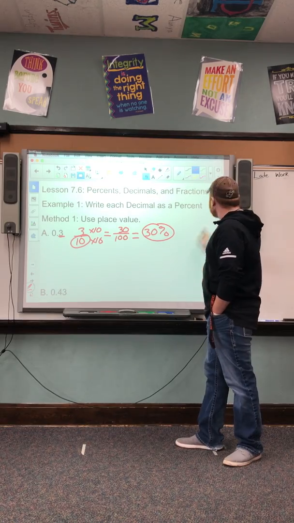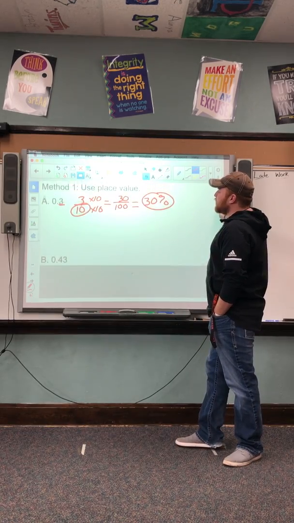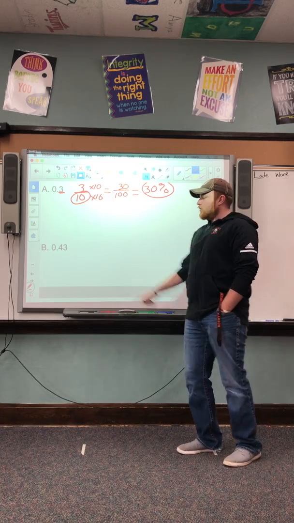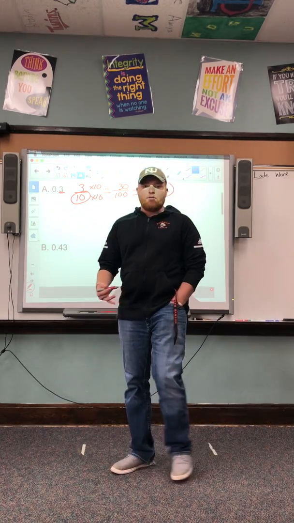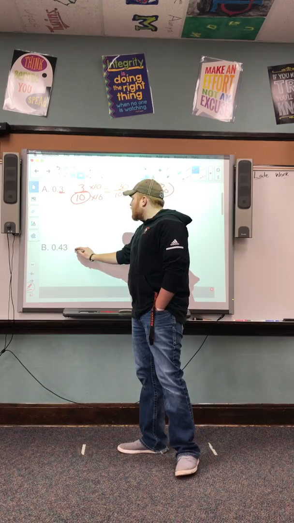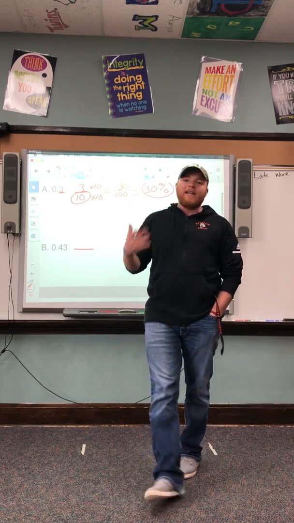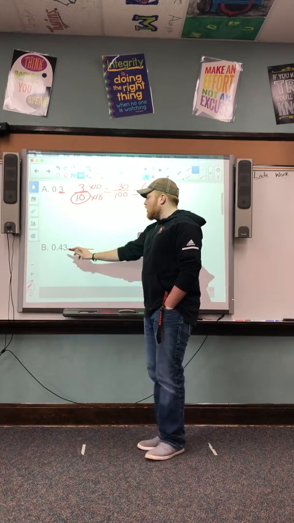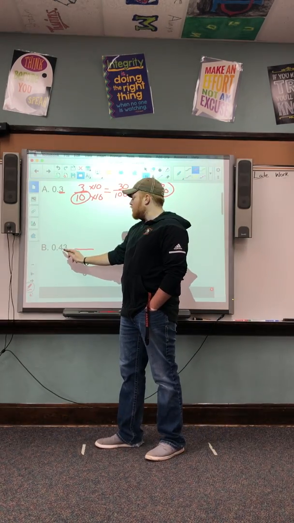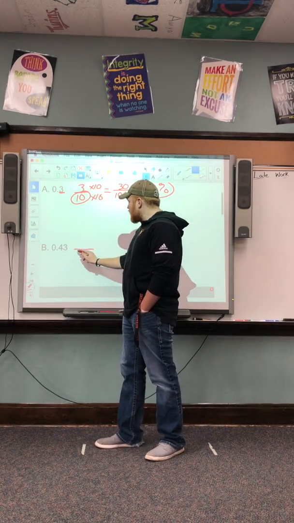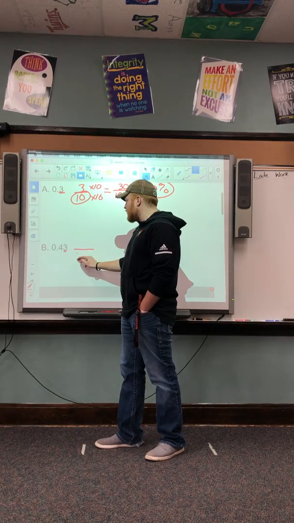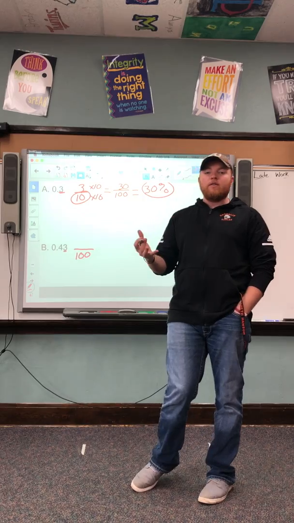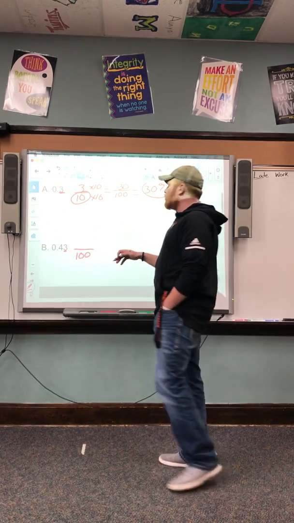We're going to go through another example using place value. This next example is 0.43. Again, whatever place value that last digit is in, that's what you put it over. The 4 is in the tenths, the 3 is in the hundredths. Since the 3 is in the hundredths, we put it over 100, and whatever the decimal is, that's your numerator.